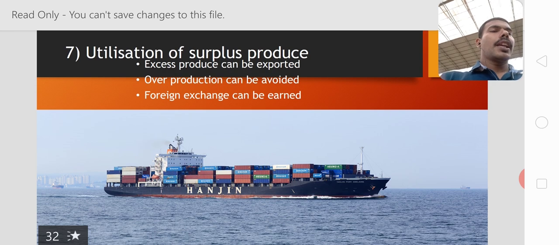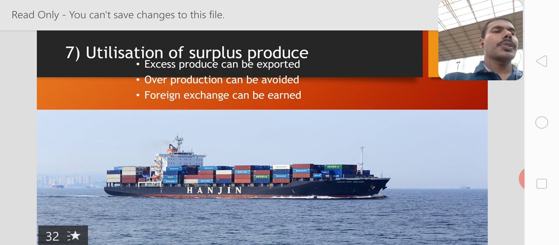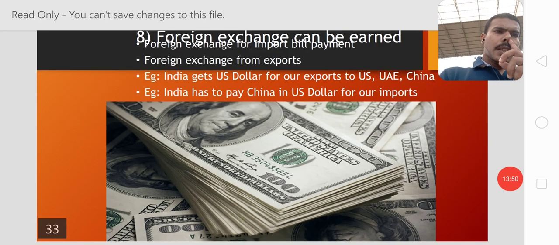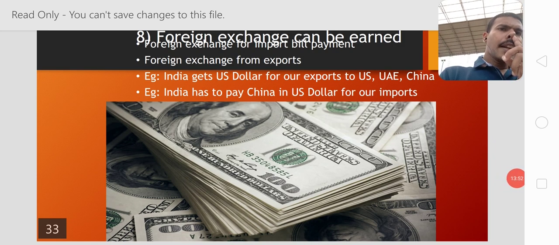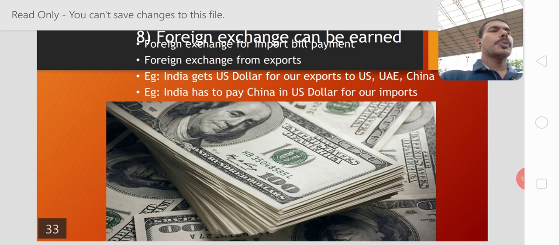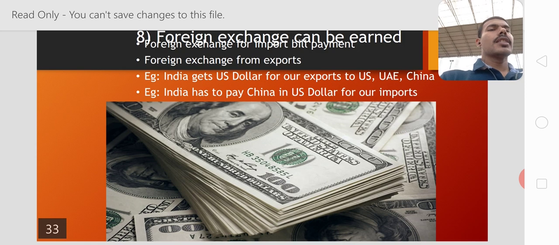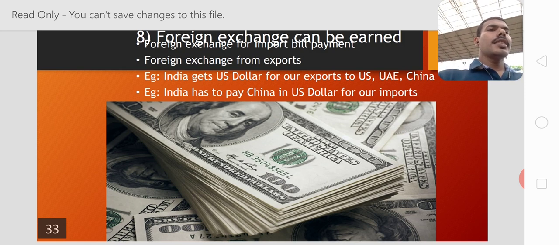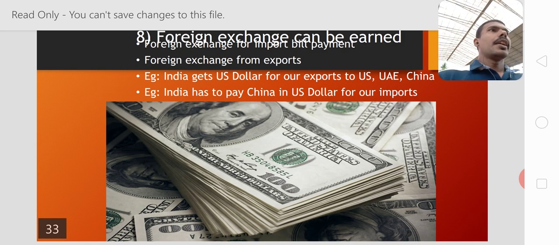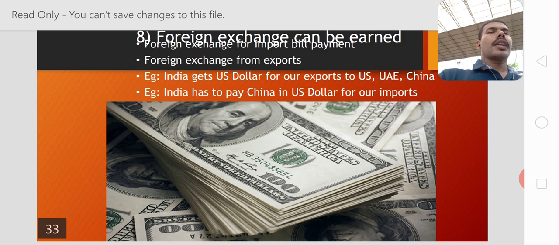So this is the utilization of the surplus produce. Another benefit is earning foreign exchange from exporting commodities and services. Foreign exchange is useful for many purposes, without which we cannot survive in a global context like the present time.